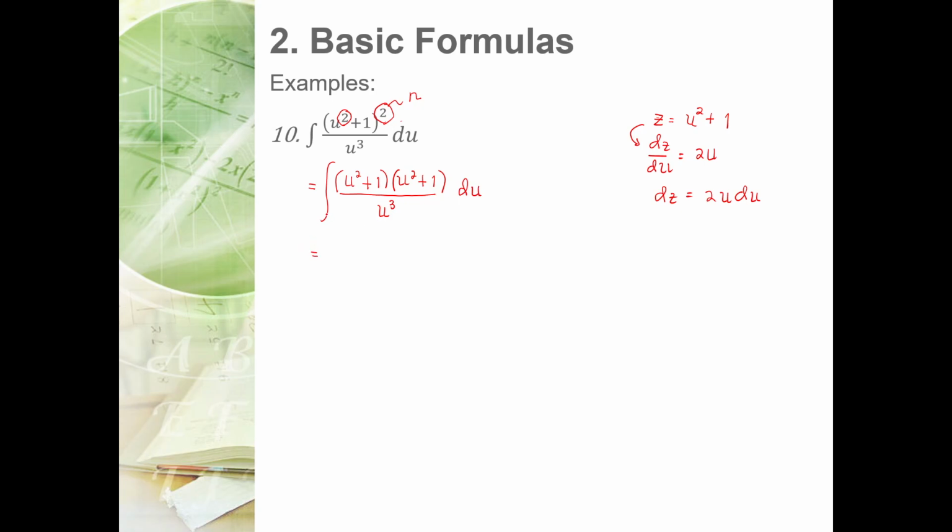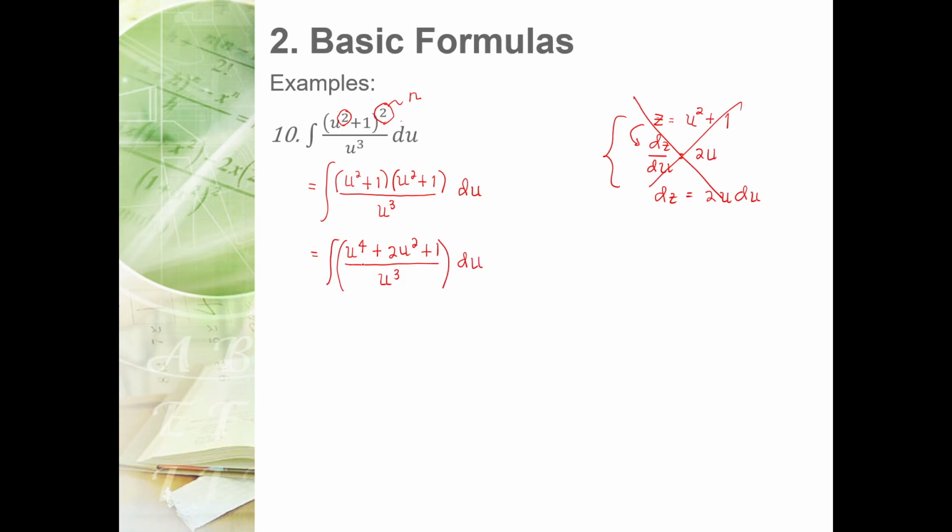Earlier, it's impossible for you to expand because it's raised to fifth power, raised to seventh power. But in this example, we can just expand this one since it's only raised to 2. And again, we cannot use the u sub technique because we cannot replace every term in the equation. So u raised to fourth plus 2u squared plus 1 all over u cubed, du.